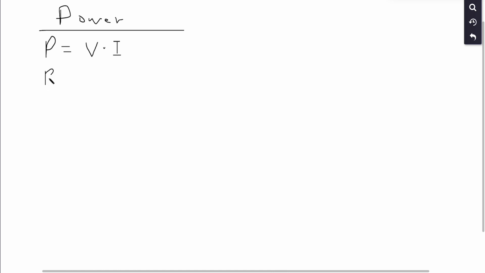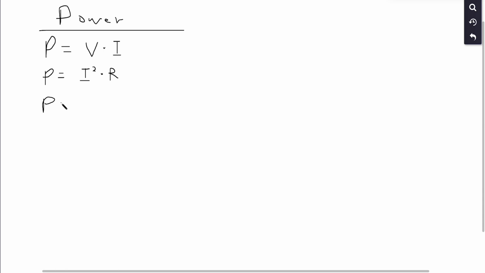Another representation of power is, and then afterwards I'm going to show you how all these are equal, right? Another one is I squared times R. So I squared times R is also a representation of power.